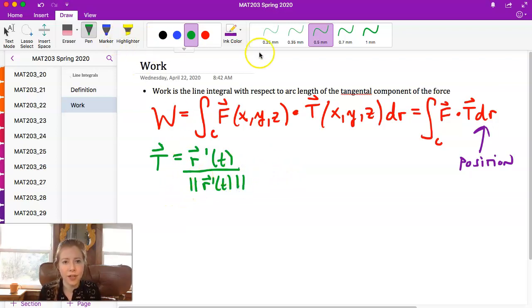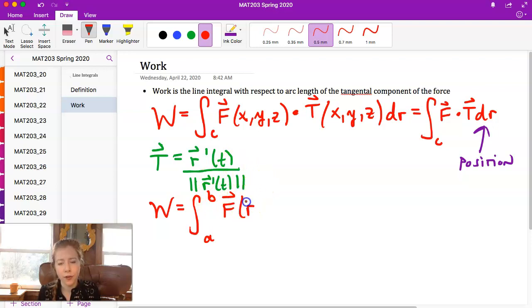And so that gives us that work is going to be evaluated over the interval from a to b, where we have our field as a function of position dotted with r prime of t dt.